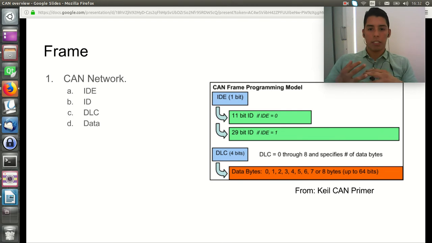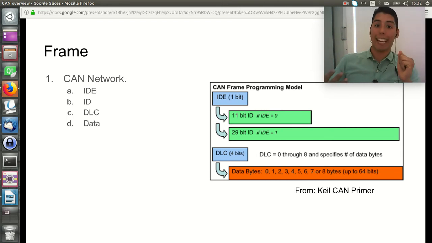If it is set to 0, the ID is 11 bits in length. This is the ID we use to prioritize frames, and this type is called standard CAN. If it is set to 1, then the ID is 29 bits in length. This type is called extended CAN.